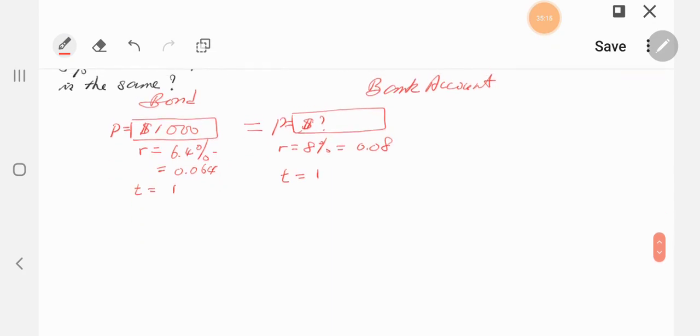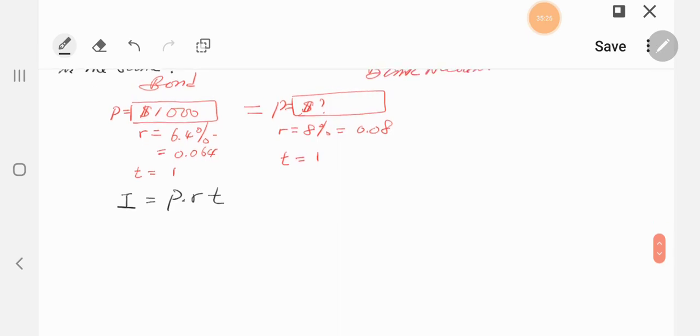So using this, let's write an equation. Interest is equal to PRT. So the interest for the bond is $1,000 times 0.064 times 1, right? 1 year.